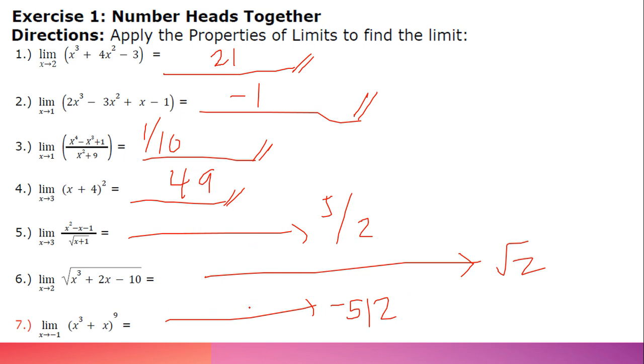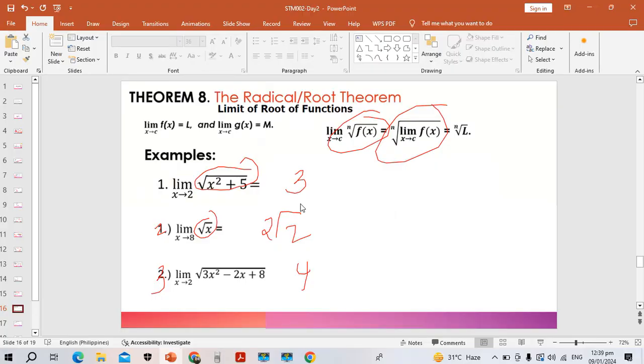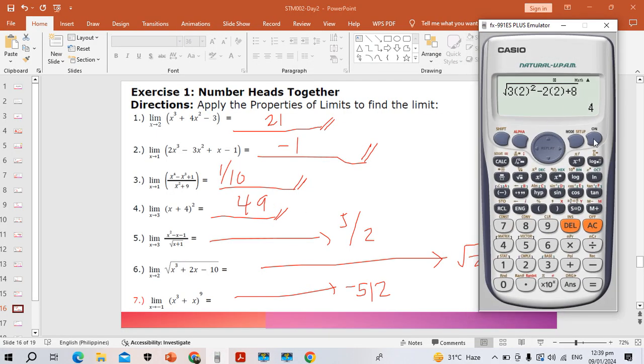So let's check if your answer is all correct. So number 1 is 3, 2. 2 raised to 3 plus 4. Tapos meron siyang 2 raised to 2 minus 3. The answer is 21. Next po, 2.